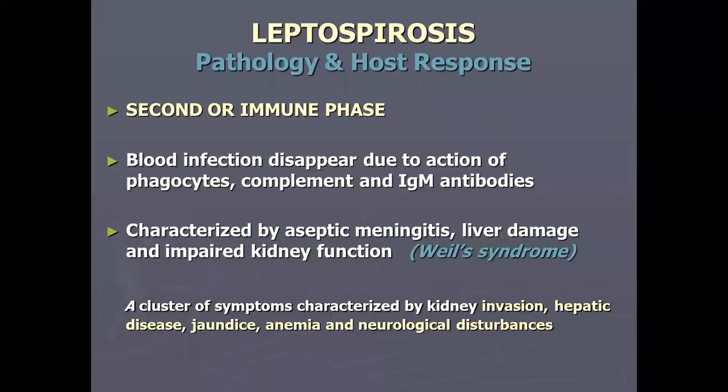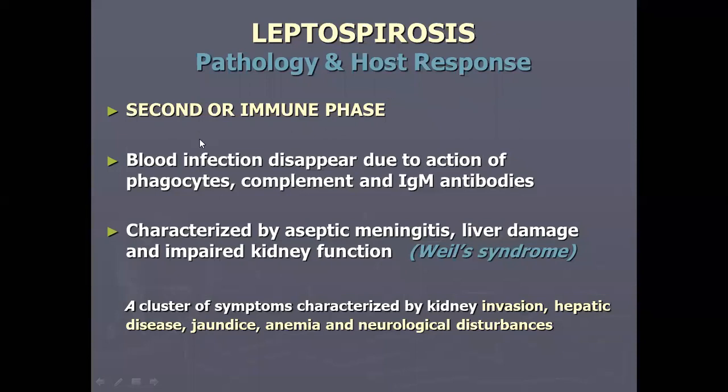But in the second phase, it is the immune response that causes the signs and symptoms, because the organism has been cleared and is nowhere lodged in the body. But the immune response is there. So some time later the second phase of the disease starts, and this is what we call the immune phase.